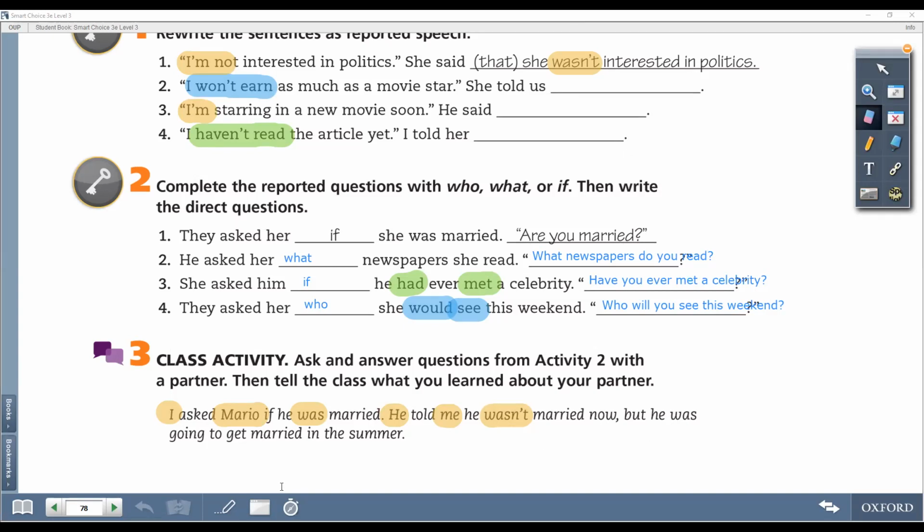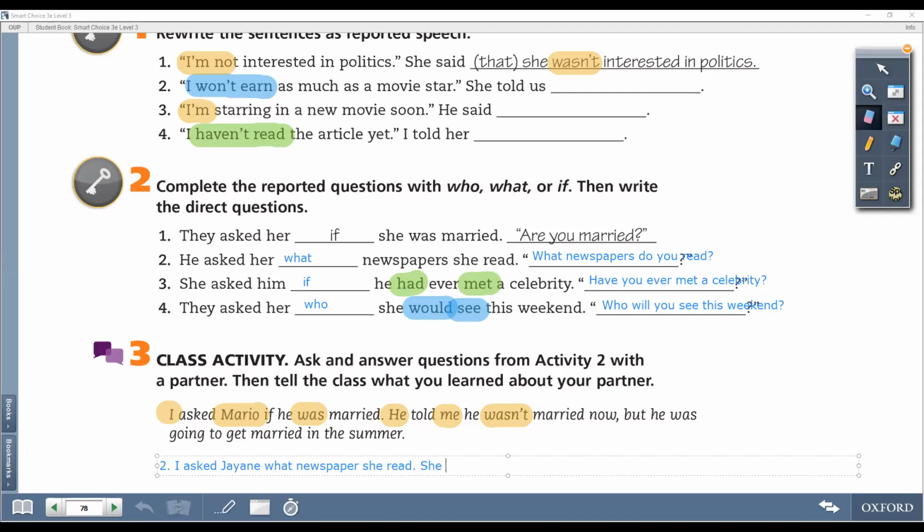Okay? So I'm going to put this example here for question number 2. Okay? So let's put here. Number 2, I asked Jayane what newspaper she read.